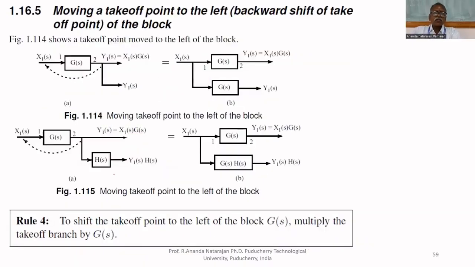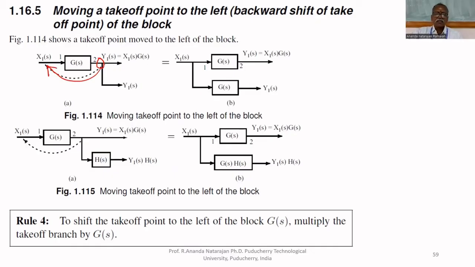Suppose you want to shift the takeoff point to the left. Earlier, we shifted to the right. Here, we want to shift back, a backward shift. There we did the forward shift. Here, I want to shift the takeaway signal from here to here.